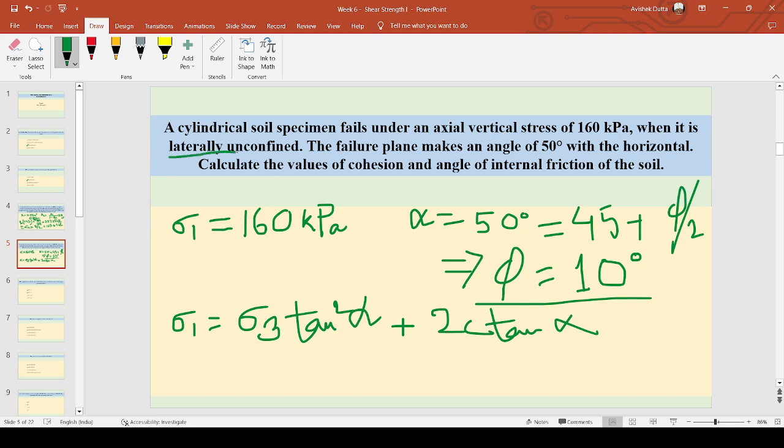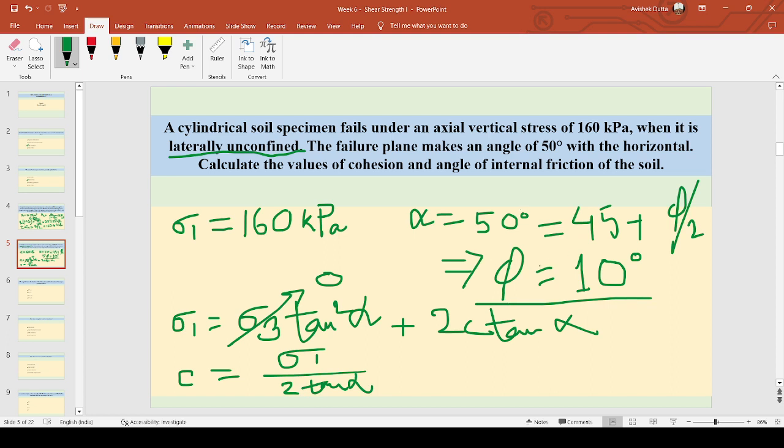You can see it is laterally unconfined. Hence, the sigma 3 value will be equal to 0. Hence, the value of c will be equal to sigma 1 divided by 2 tan alpha.